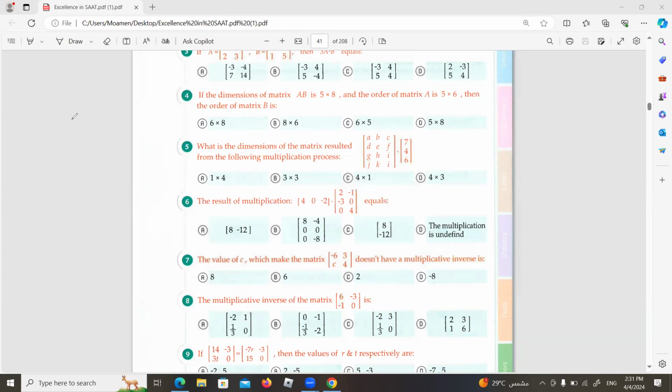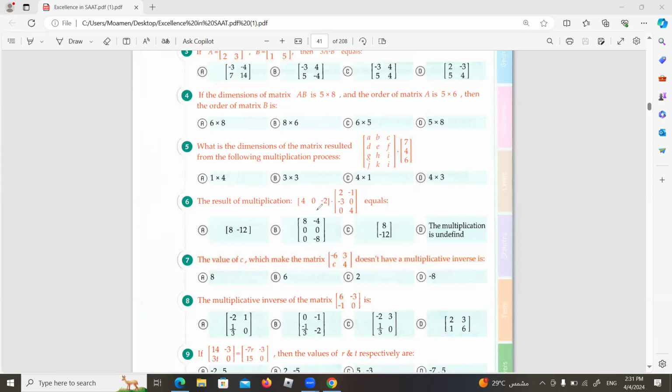We're going to number 6. In number 6 we need the result of this multiplication. Mister, how can we do the multiplication? Here, I showed you how to do the multiplication operation, but we can solve it from the first side without multiplication. How, mister?